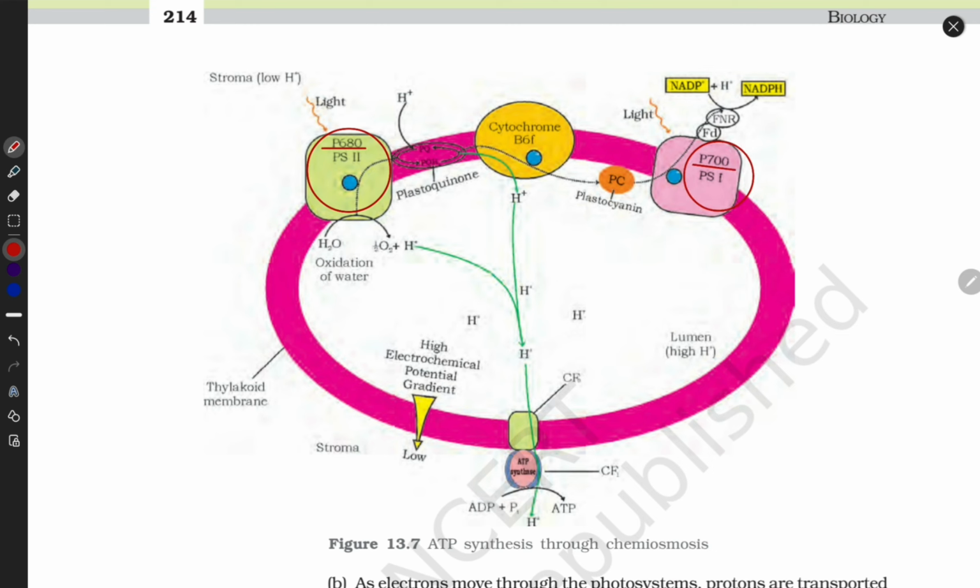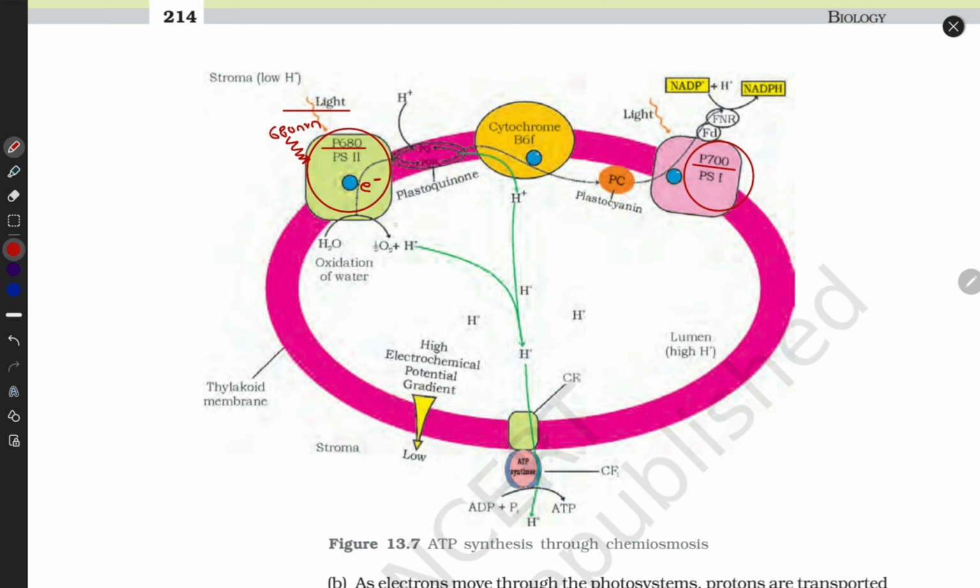This term is clear. They get light of 680 nm wavelength. After exposure to this energy, their electron is excited.